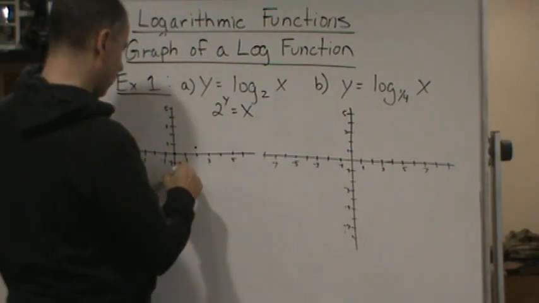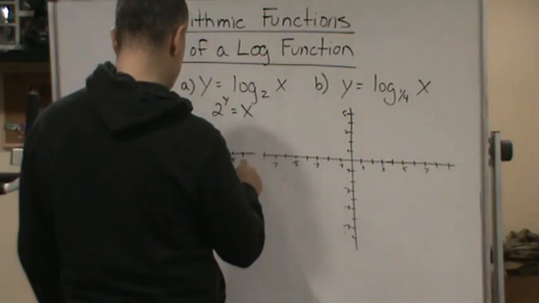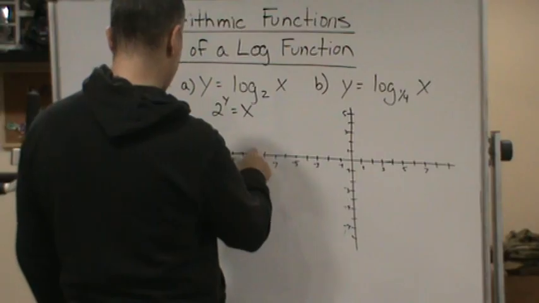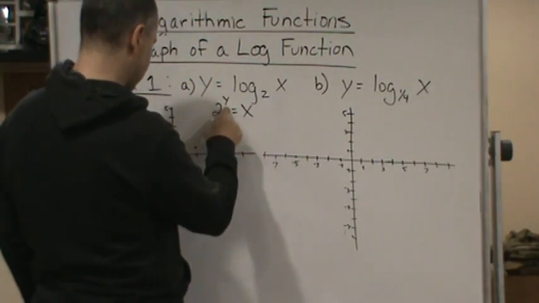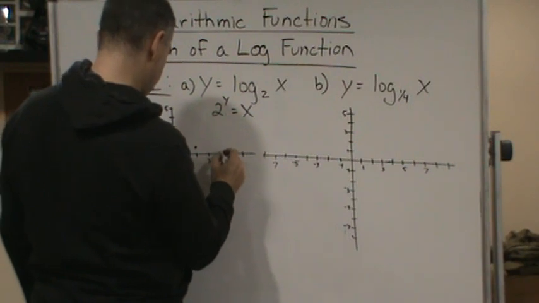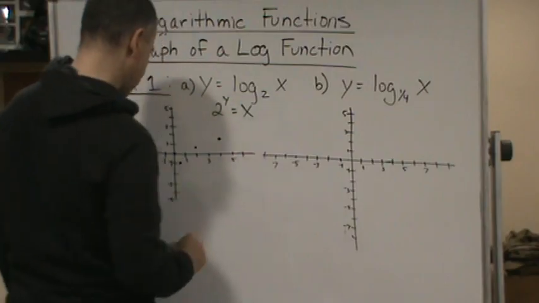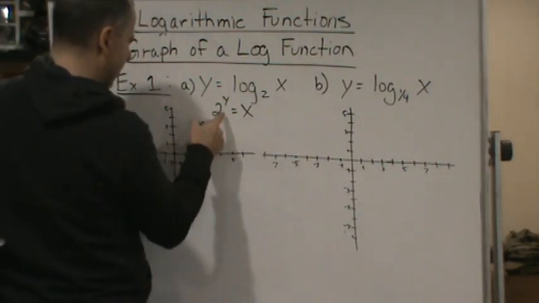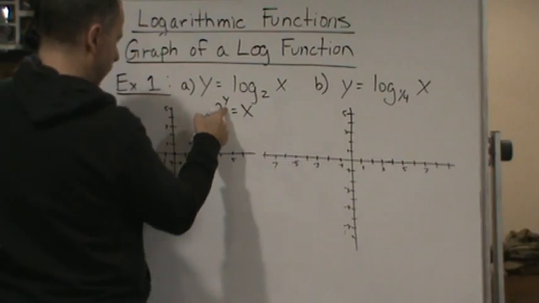If y is 2, x is 4. So at 4, y is 2. Okay, so notice what's going on here. What if I go to negative 2?